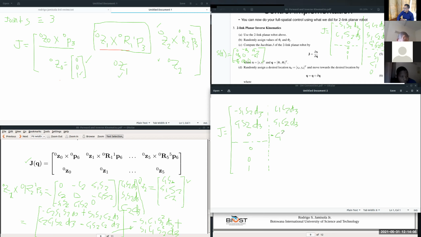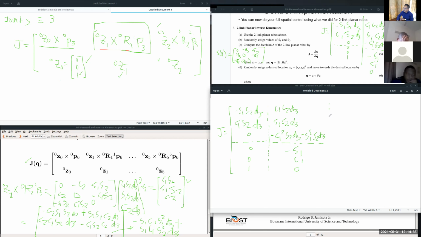C1 S2 D3, minus S1 squared S2 D3. Okay, and this is the position. Position is minus S1 C1 and 0.